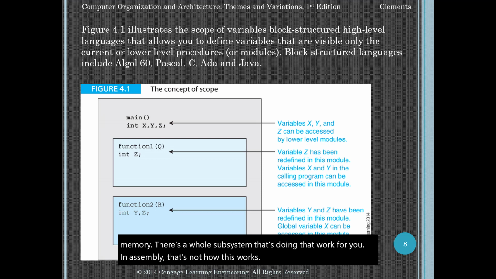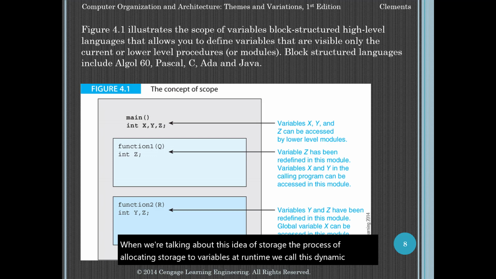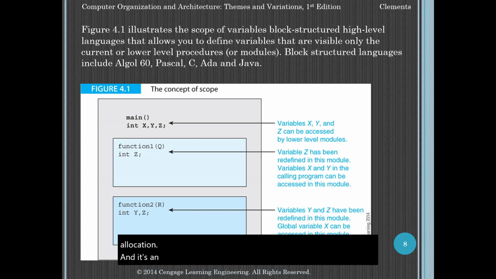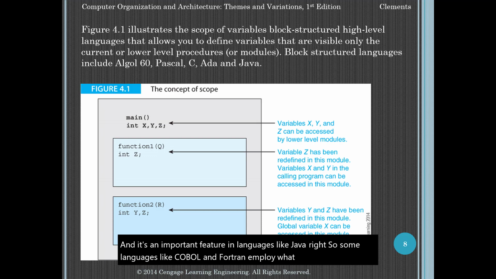So when we're talking about this idea of storage, the process of allocating storage to variables at runtime, we call this dynamic allocation. And it's an important feature in languages like Java. Some languages like COBOL and Fortran employ what we call static allocation.